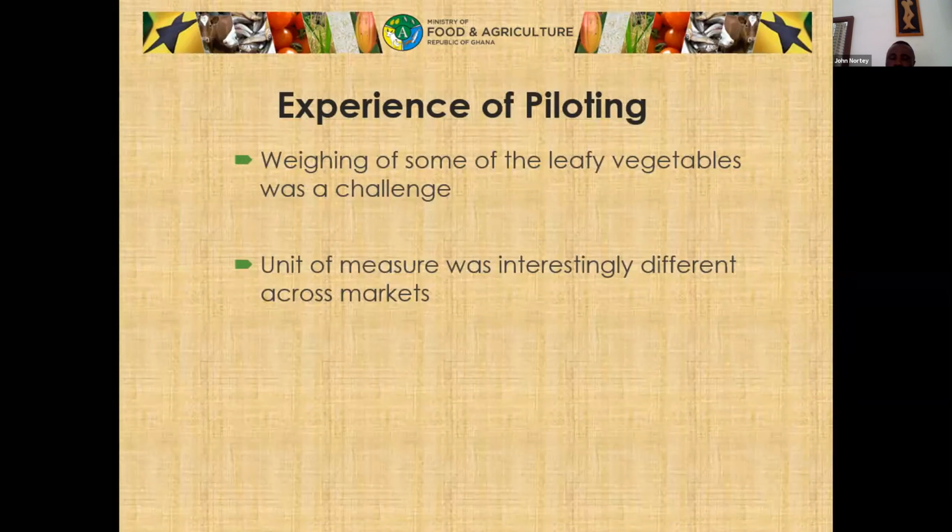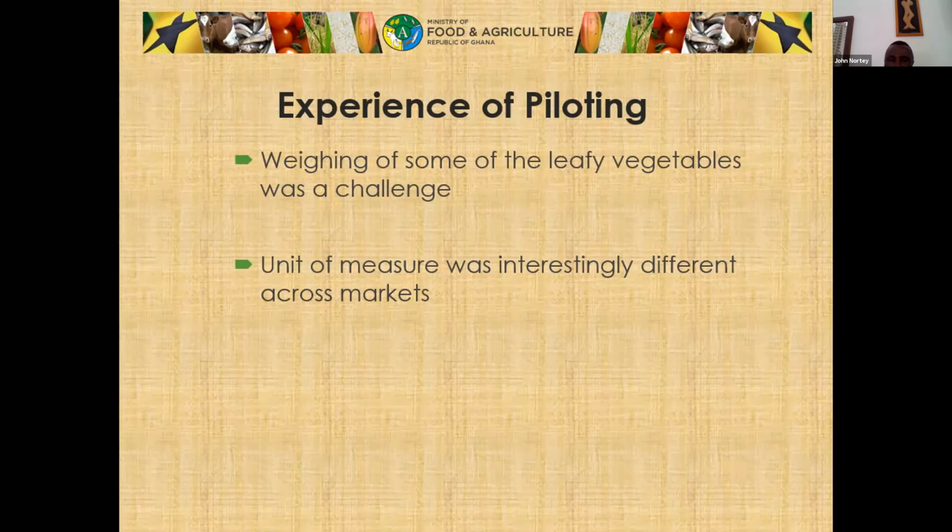The piloting was done, we put the data together, we shared it with IANDA, and they were happy with it. They asked whether we could go nationwide with it. But the challenge we had with the add-on commodities was the leafy vegetables. The ability to weigh them accurately was a challenge.